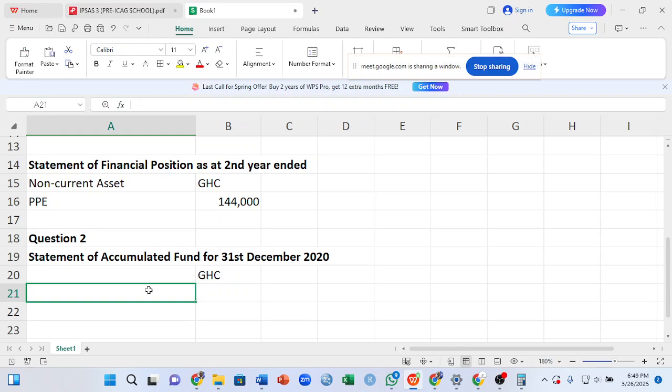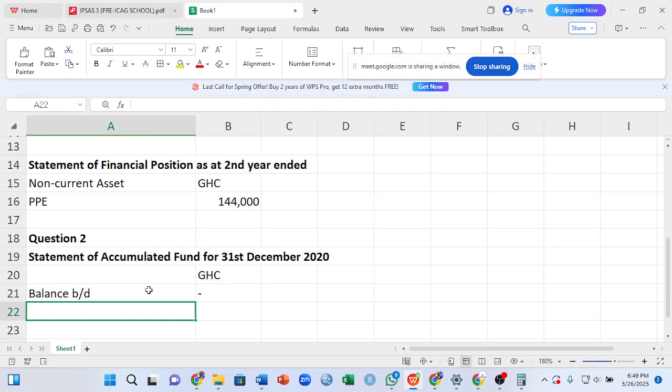You first have an opening balance. It's similar to what we call retained earnings in IFRS. Because it's public sector, it relates to the accumulated fund, which houses the summation of all your surpluses and deficits over the period. So you first bring your opening balance of accumulated fund. In this question, we're not given one, so dash.